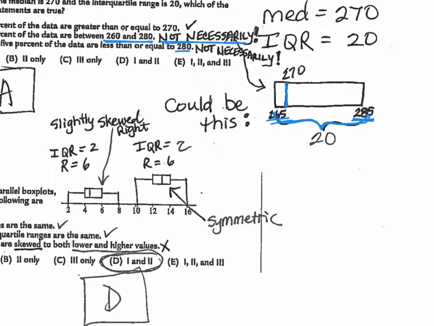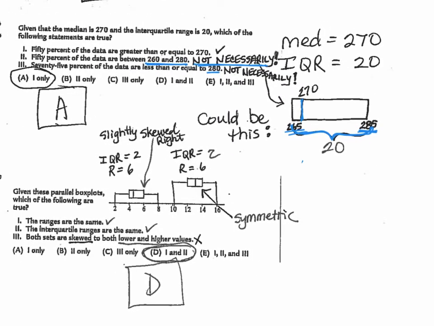The interesting thing is, and I want to ask you about this, it is possible that Q1 and the median could be the same value of 270, and then this goes up to 290. I want to know, how could that happen? How is it possible that Q1 and the median are the same value?